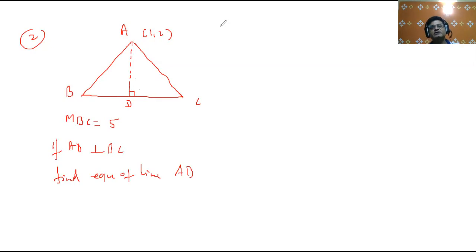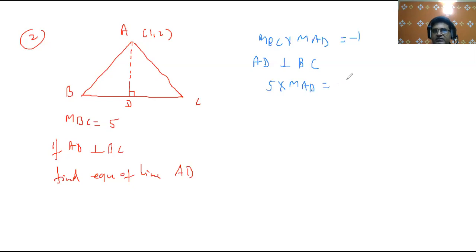So what we are going to do in this case, we have slope of BC into slope of AD will be equal to -1 because AD is perpendicular to BC. So slope of BC is given to be 5. So slope of AD is equal to -1 upon 5.